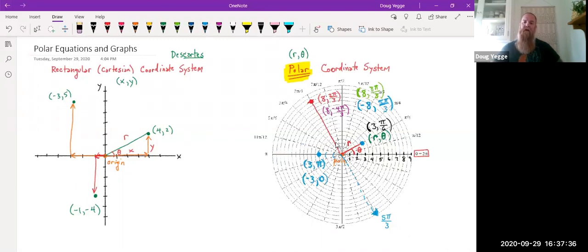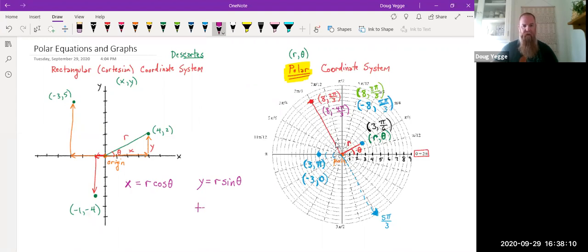Okay. And so notice that we have a few relationships between the polar form and the rectangular form, and we've already dealt with these quite a bit when we were dealing with vectors and with complex numbers. But we should also recognize that x is equal to r cosine theta, which is a way for us to change from r's and thetas into x, and y equals r sine theta. We also have a way to find r, and we have a way to find theta.